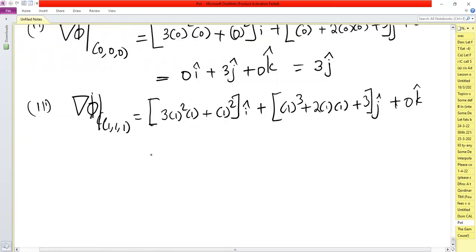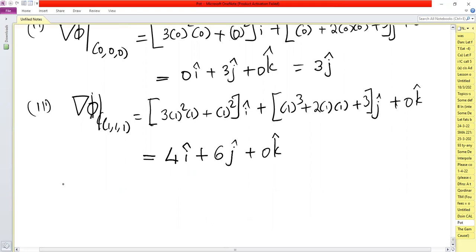So this will be 3 plus 1, which is 4 i, and 1 plus 2 plus 3 is 6 j, and then plus 0k.